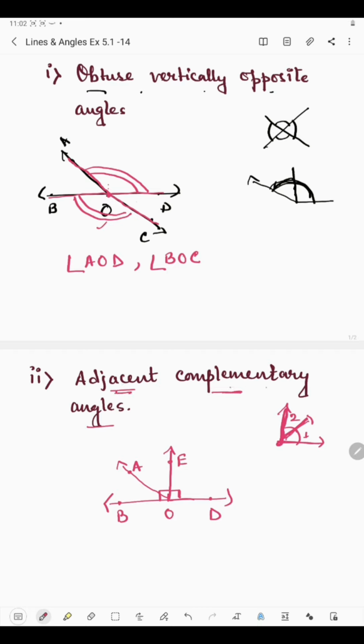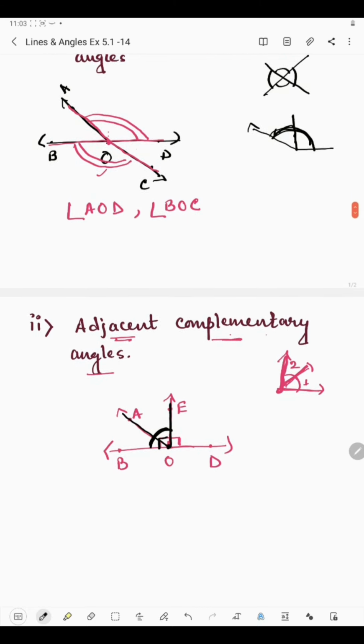So here we will have to write adjacent complementary angle. Adjacent means we have to take two angles and complementary means the sum of the two angles is 90 degrees. So here if we consider these two angles as adjacent angles, why? Because this is the common vertex and this is the common arm, and the sum of these two angles makes 90 degrees, right?